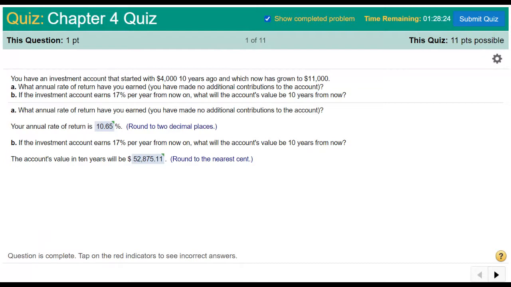So in this situation, we're going to say N equals 10, and we leave I/Y out of it because that's what we're solving for. There are no payments here. Payment is 0. Present value is negative 4,000. Future value is $11,000 positive, an absolute number. And then we compute for I/Y.